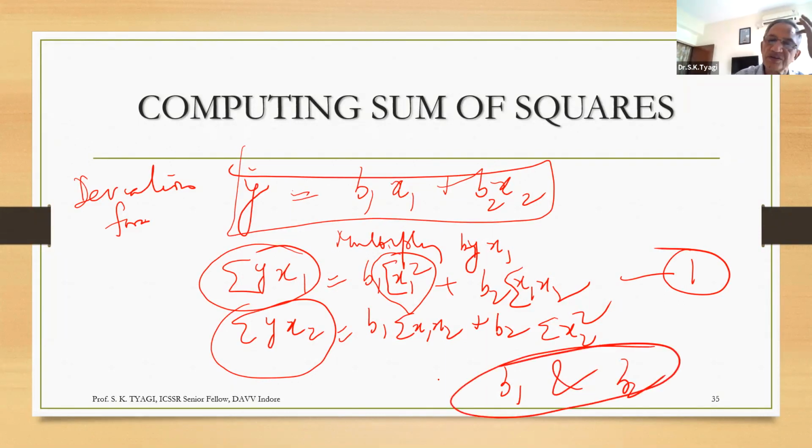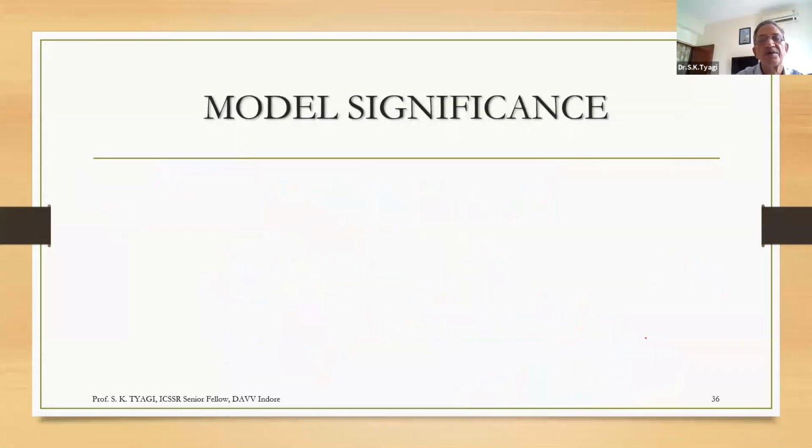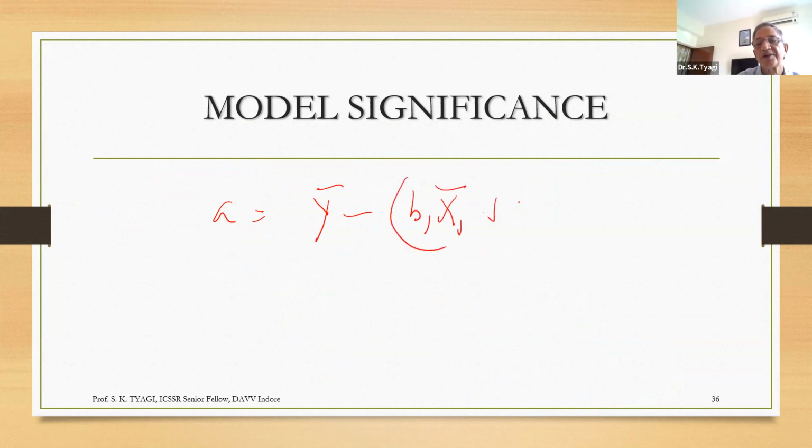And from these, you can find out A. A is y mean minus b1 x1 mean minus b2 x2 mean. So this way you need not carry out all these lengthy calculations.